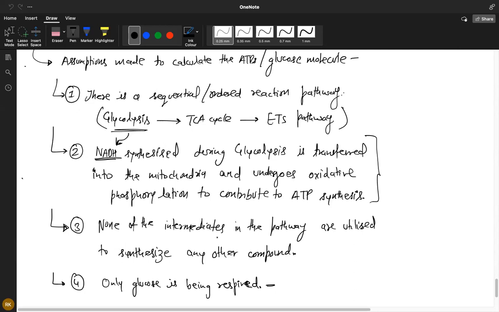Remember when I was defining aerobic respiration, I said it is the process where substrates like glucose or organic compounds are broken down or oxidized. Those organic compounds could also be protein, starch, etc. They need not be glucose all the time. Do you remember that? Yeah, Devangi and Neera?